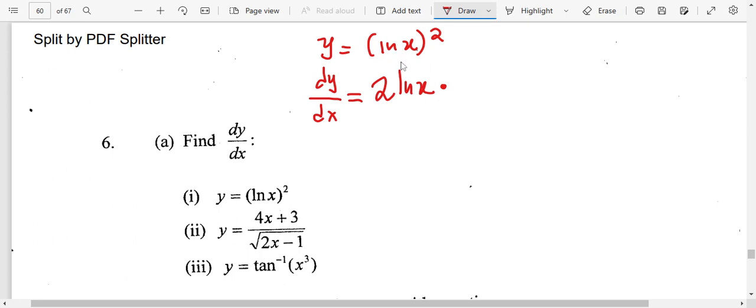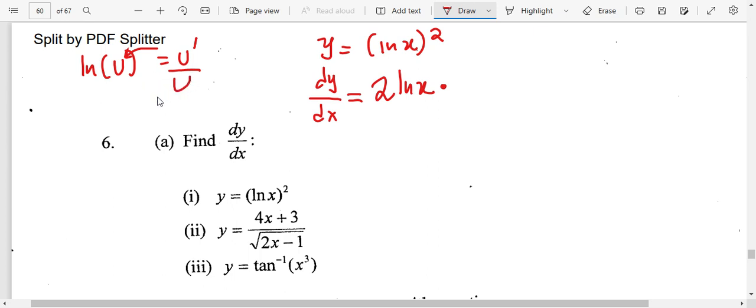How do you differentiate natural log of x? I don't know. So the derivative of natural log of anything: you differentiate it and then divide by that same thing.